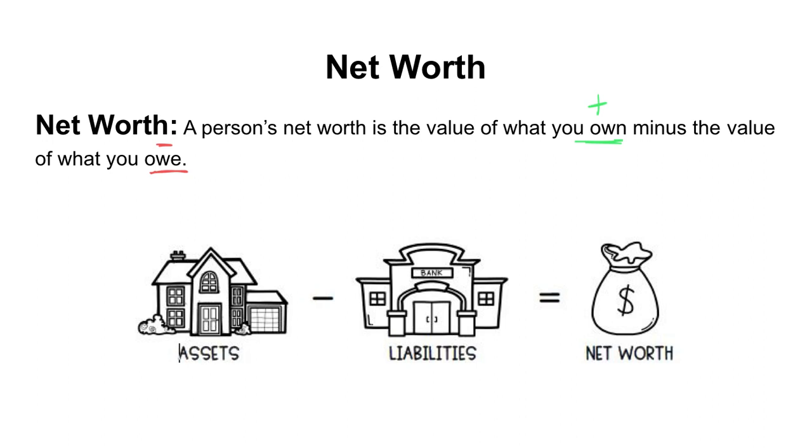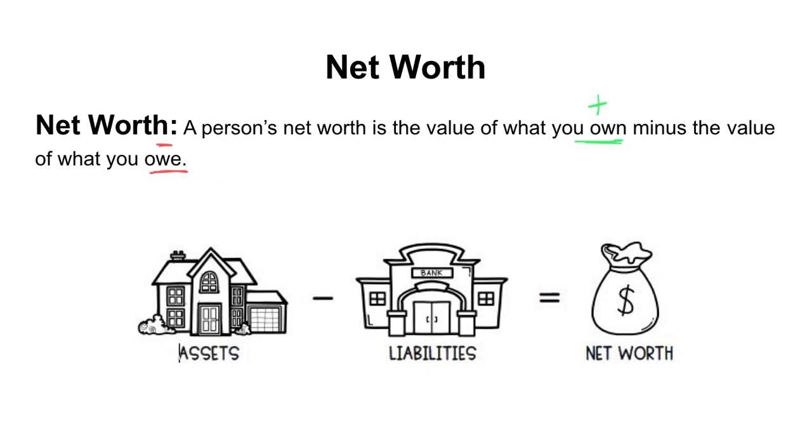Here are some examples. Assets are positive money. The value of my house could be an asset, although the mortgage would be a liability. If the value of my house was $100,000 and I only owed $10,000 on that house, the difference between what I could sell it for and what I have to pay the bank when I sell it is an asset.